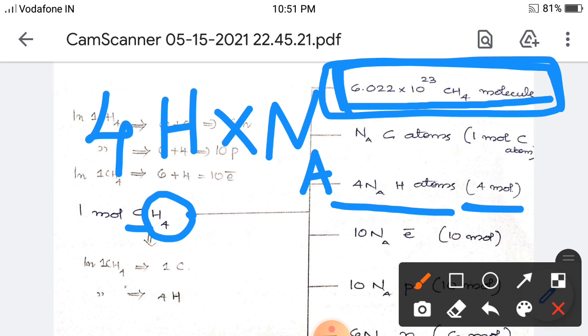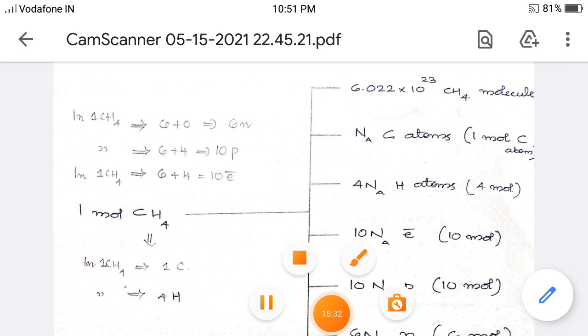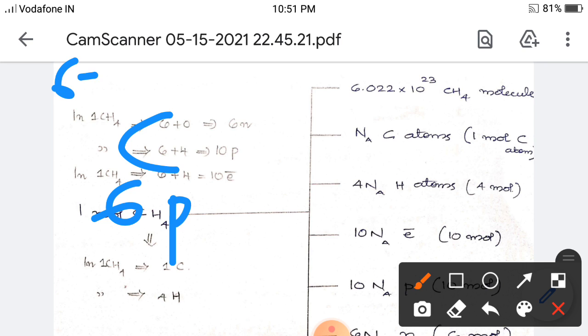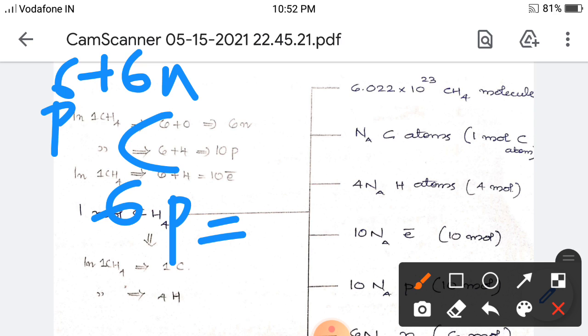Now we are calculating the number of electrons. Carbon has 6 protons and 6 neutrons, 6 plus 6 is 12. Carbon is a neutral element, so the number of protons is equal to the number of electrons. So carbon has 6 electrons.